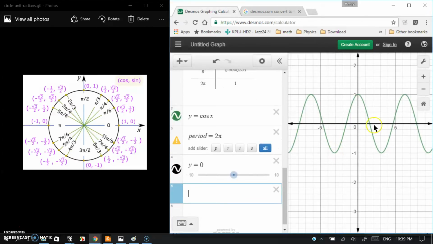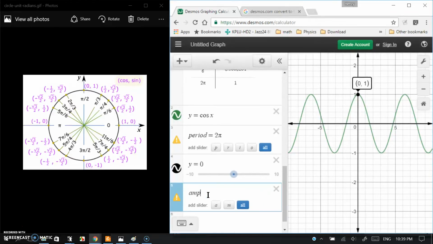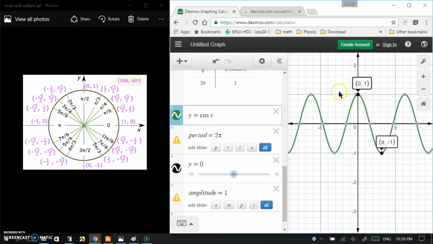So if y equals 0 is the principal axis, then obviously my amplitude is 1. Whether it's going up or going down that much, it doesn't matter. We're only looking at the distance, and right now the distance is 1.